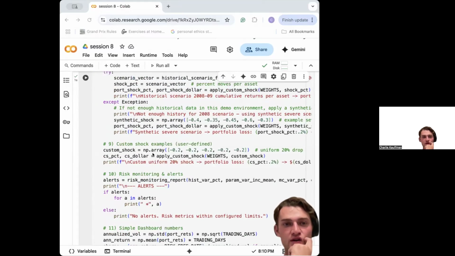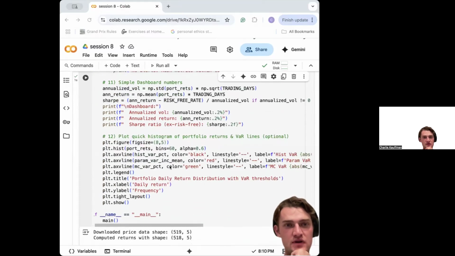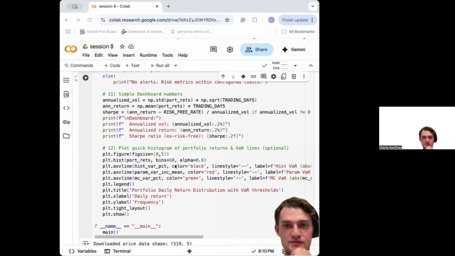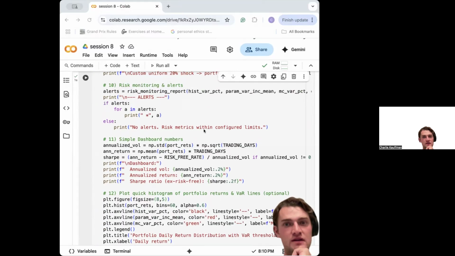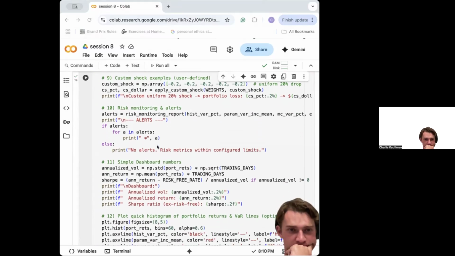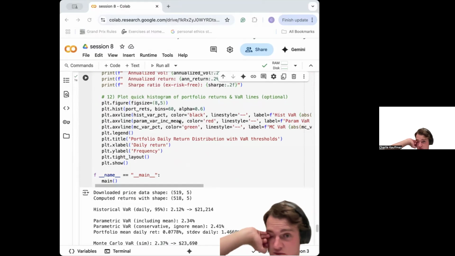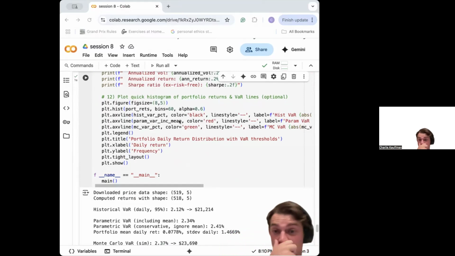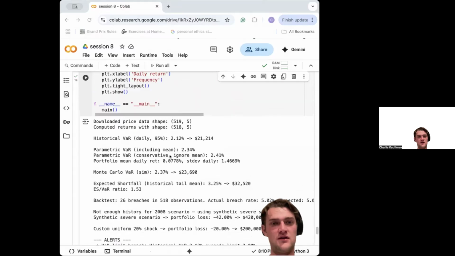And the custom shock examples, and then the risk monitoring, simple dashboards. Oh, and then this annualizes volatility and the returns, and then the VaR lines, and this will print warnings if the limits are exceeded. But this is the histogram, and it will visualize the returns, and you'll see the VaR lines.